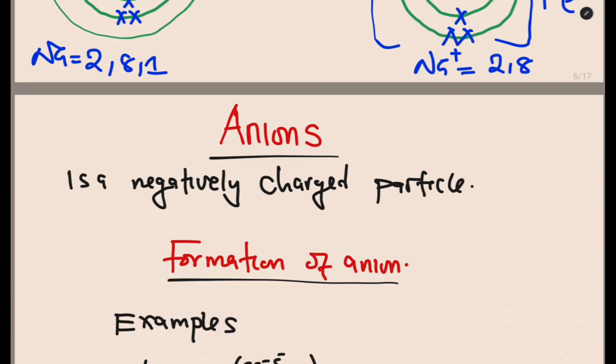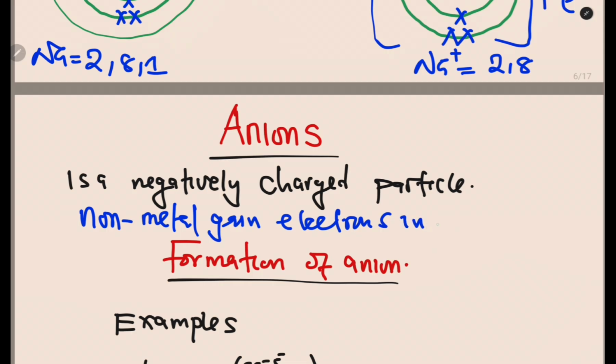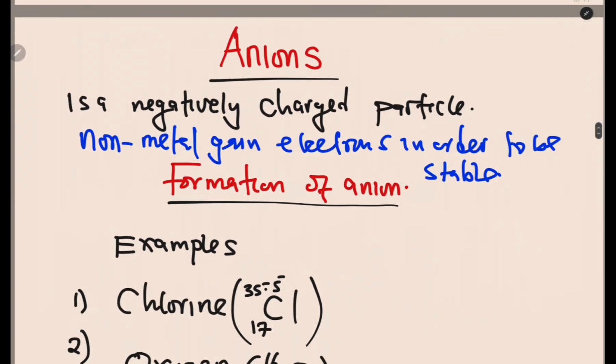Normally non-metals gain electrons in order to be stable. So in this one you have more electrons than protons, whereas for an atom we have equal protons and electrons.